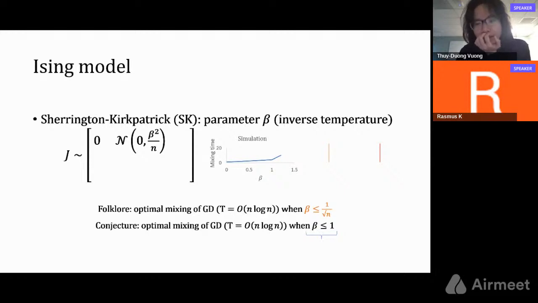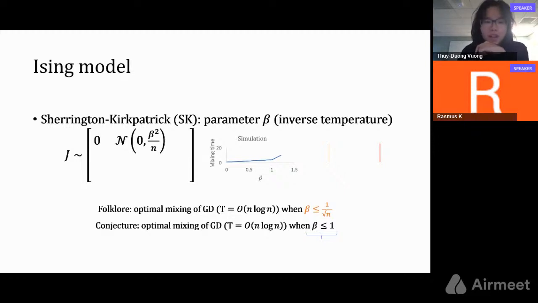Moreover, there is a phase transition at beta equal to 1, meaning that for beta greater than 1, the Glauber dynamics is very slow to mix. It mixes in time exponential in n. But for beta smaller than 1, the Glauber dynamics is fast to mix, and it probably mixes in time polynomial or even near linear in n.